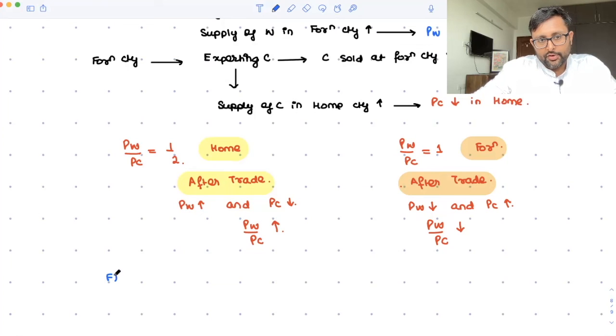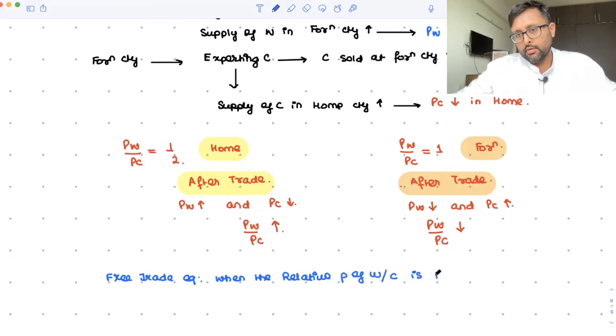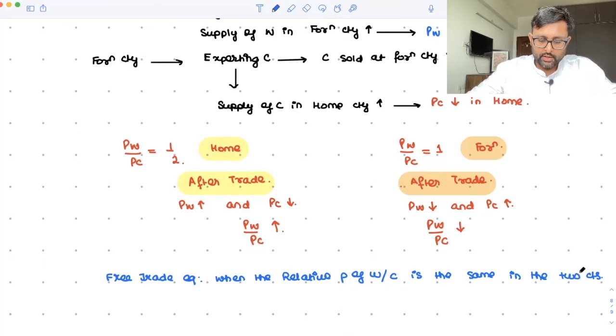It is going to stop at the free trade equilibrium, right, when the relative price of wheat by cloth is the same in both countries.